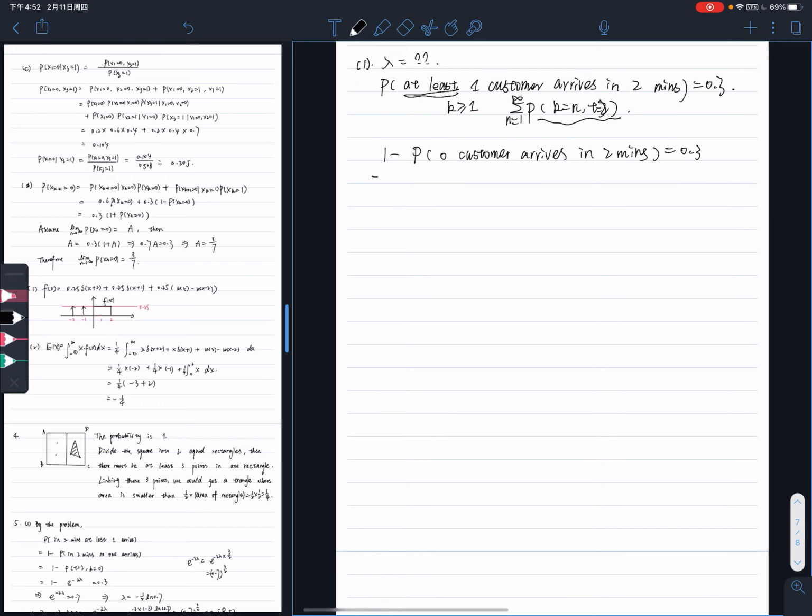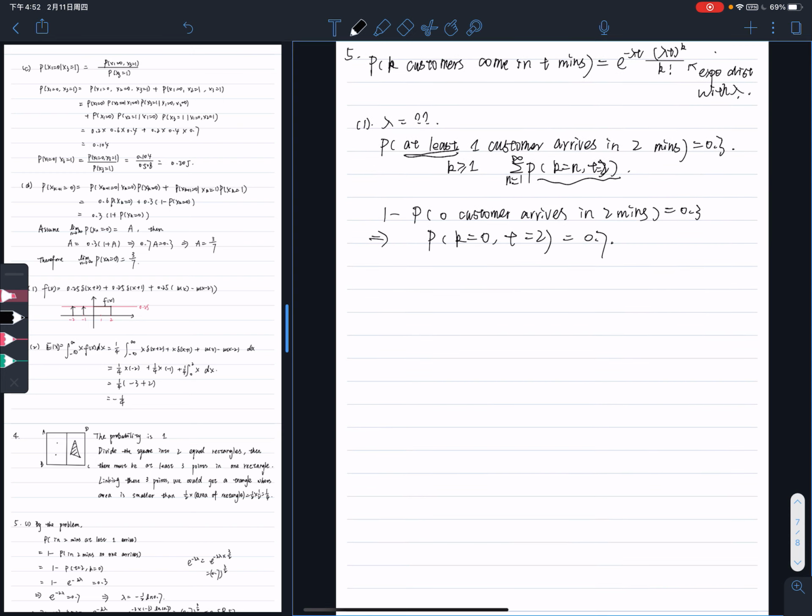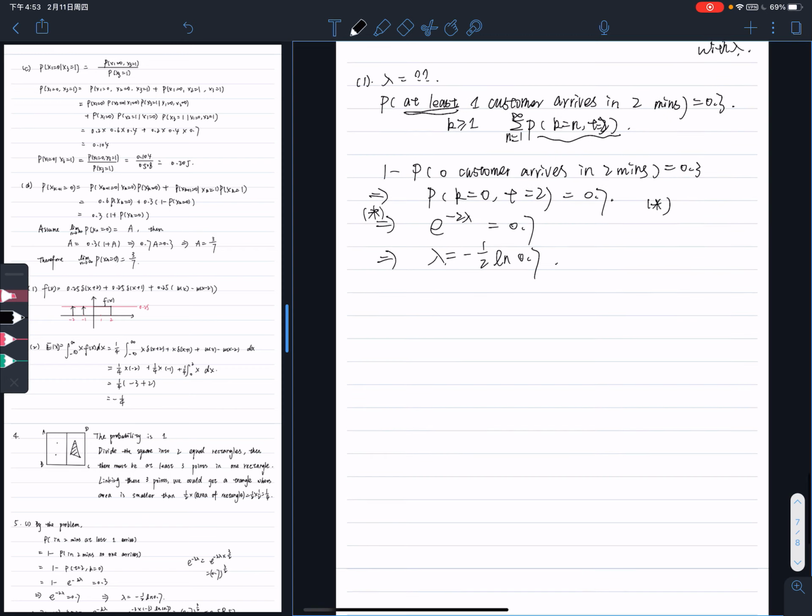Then the probability with k equals 0, t equals 2 is equal to 0.7. From the formula star, we have e to the power of minus 2 lambda equals 0.7. Then lambda equals minus 1 over 2 times ln 0.7. So we successfully get the value of the parameter lambda.